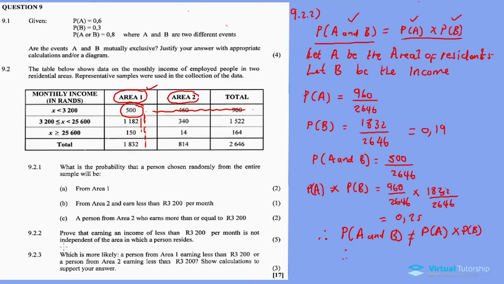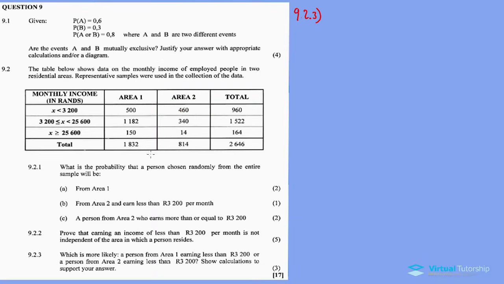9.2.3: which is more likely, a person from area 1 earning less than 3,200 or a person from area 2 earning less than 3,200? Show calculations to provide your answer. So let's do this, all right, again. Now here we are comparing two areas, so compare area 1 with area 2.